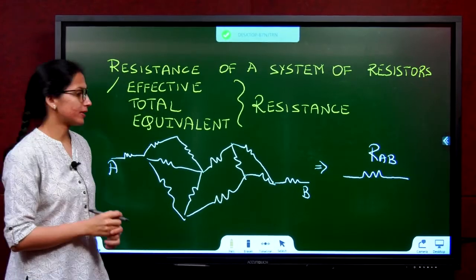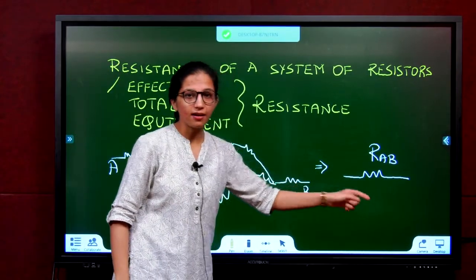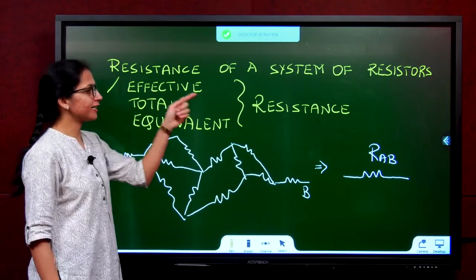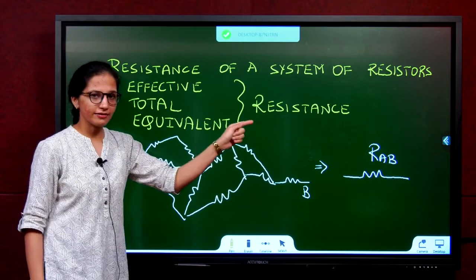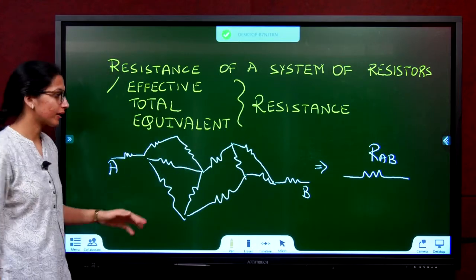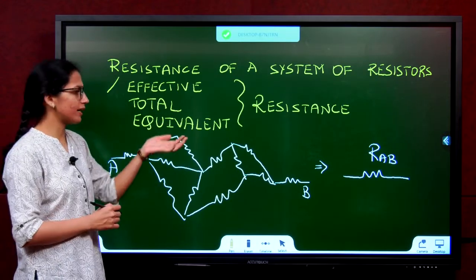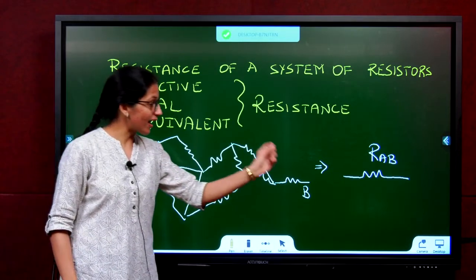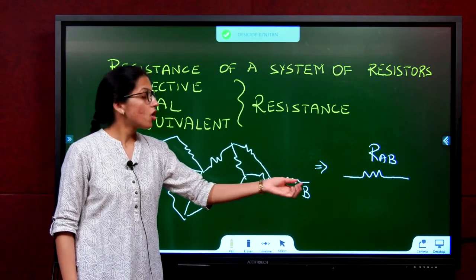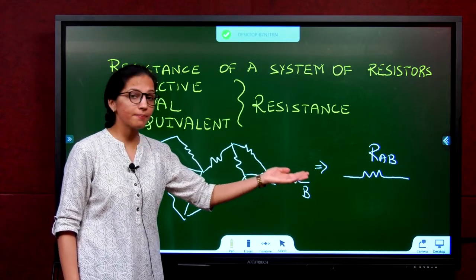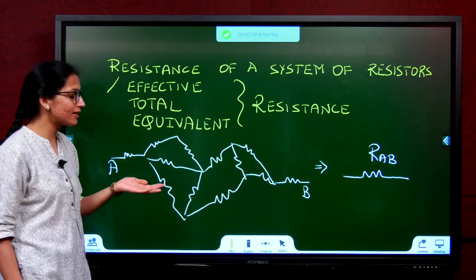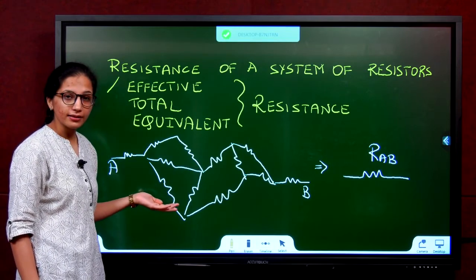Yes, it is possible. This single resistor is called effective resistance, total resistance, or equivalent resistance. All mean the same. So how do we define an equivalent resistance? It is the value of the single resistor which gives the same combined effect as that of all the resistors combined together.